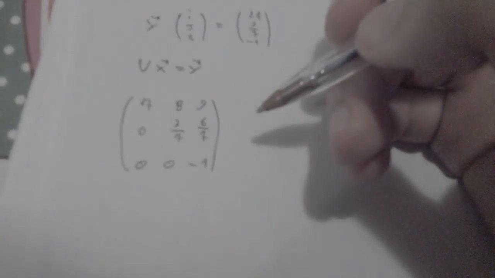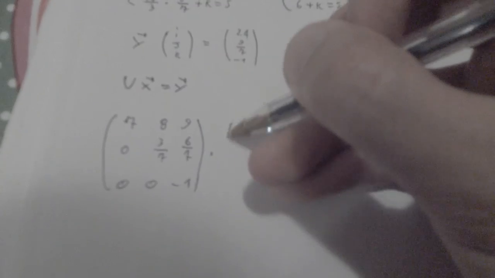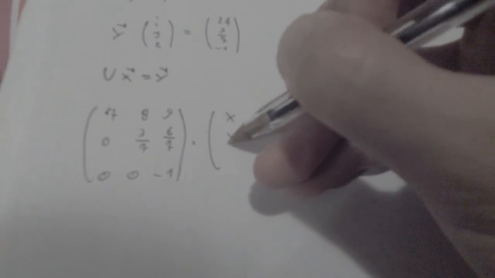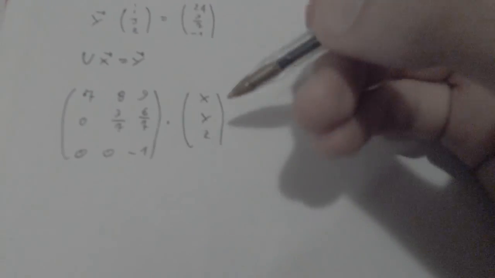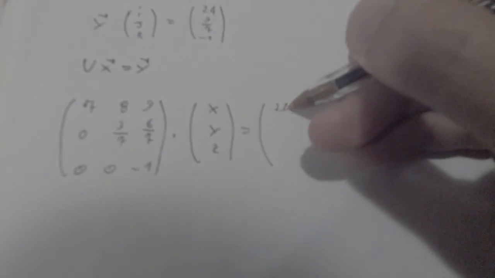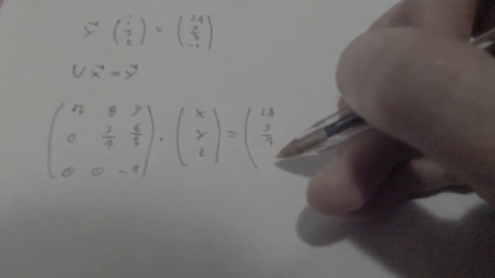Our upper triangular matrix was 7, 8, 9, 0, 3 over 7, 6 over 7, 0, 0, -1. So this is our upper triangular matrix. And we're just gonna find our solution. So times x, y, z, our first vector, which is gonna be equal to the values that we just found: 24, 9 over 7, and -1.